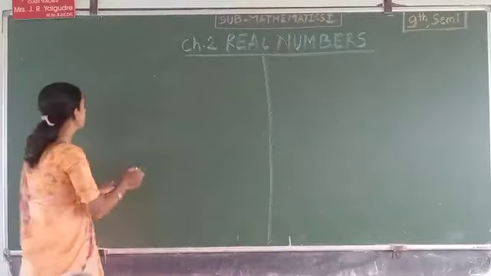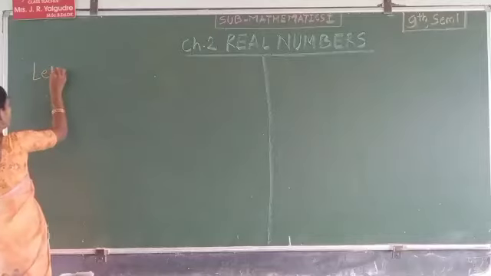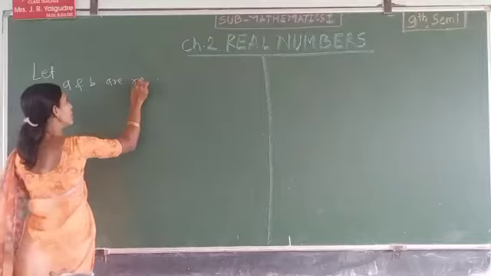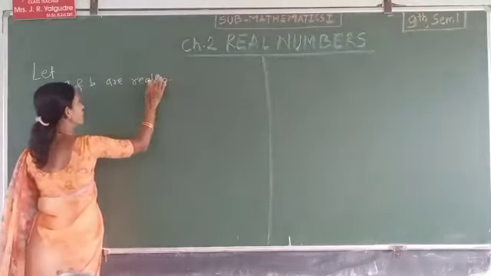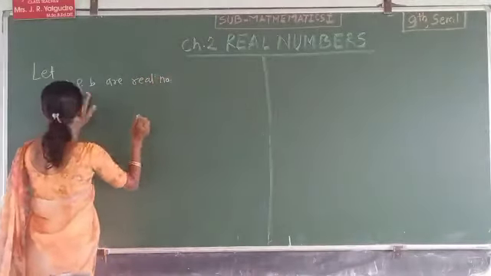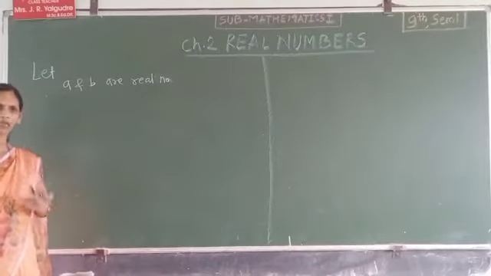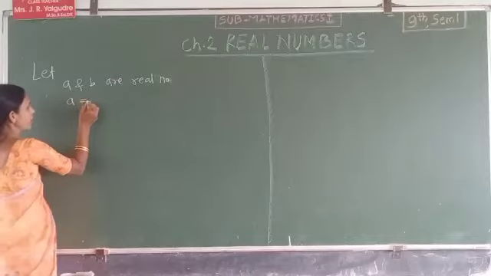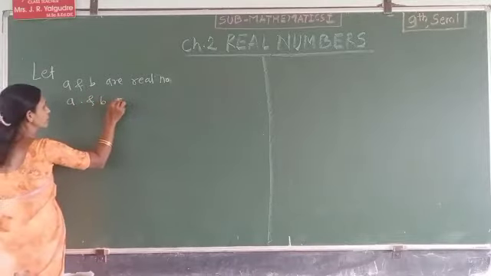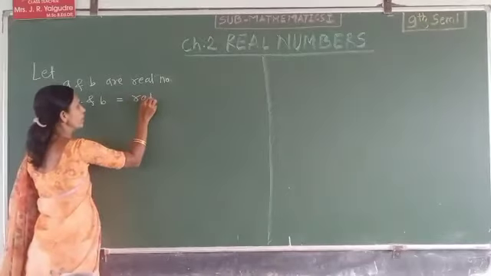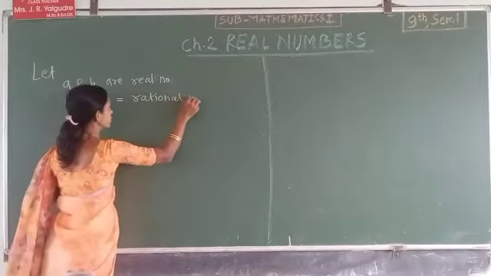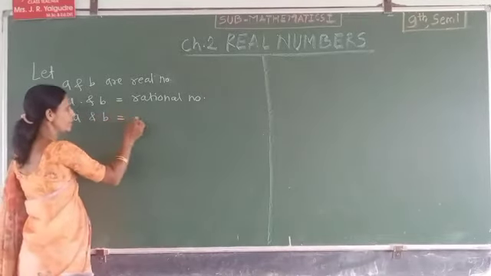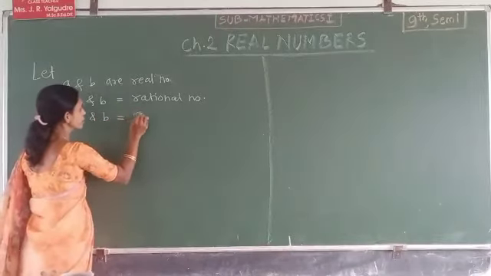Let us consider that A and B are real numbers. If they are any real numbers, then there are two possibilities: A and B may be rational numbers, or A and B may be surds.